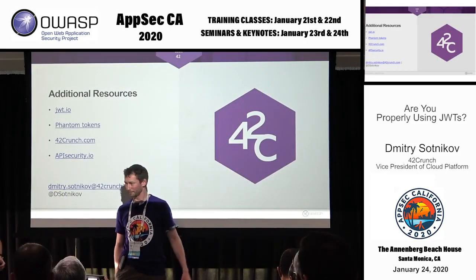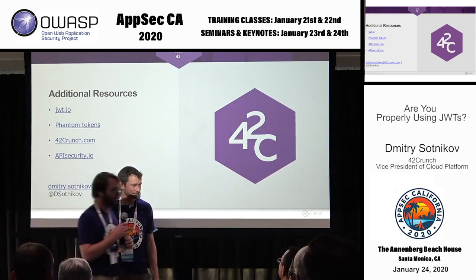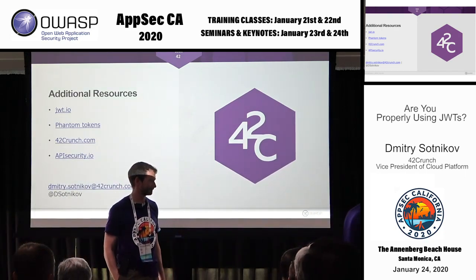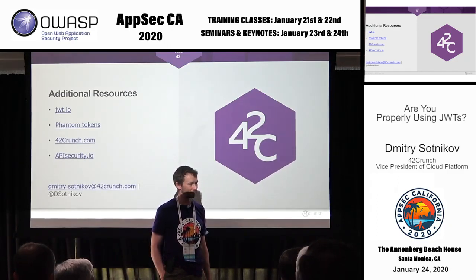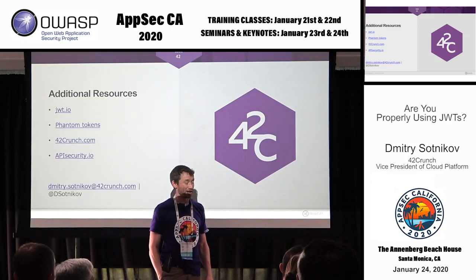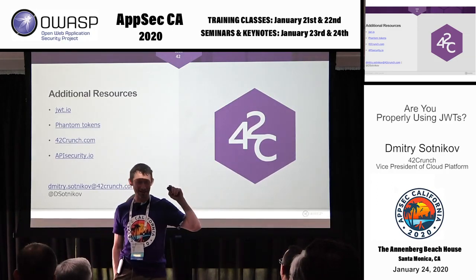Thank you, Dmitry. If you have a question, just raise your hand and I'll hand you the mic. For encrypted content, is it okay to use the same key for encrypting the content and signature validation? Oh, excellent question.